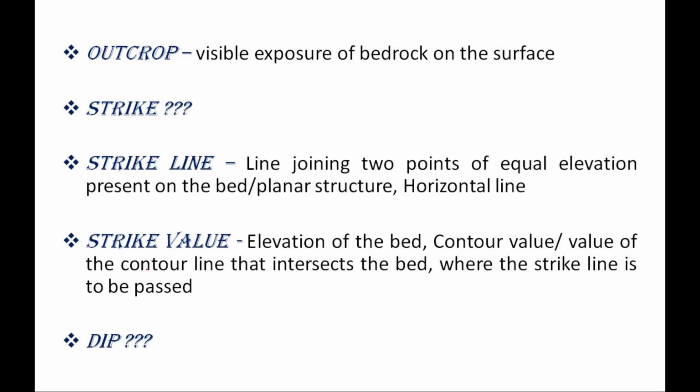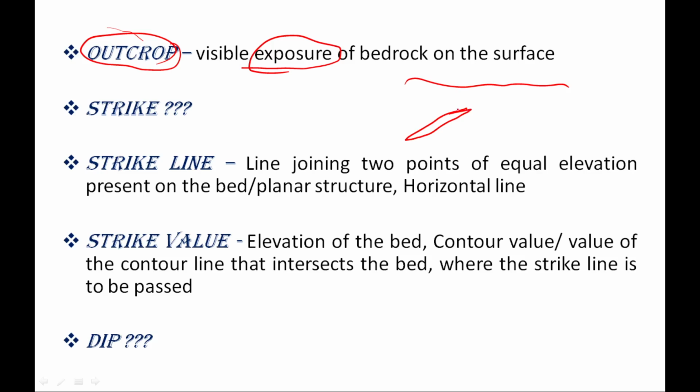Then let's go to another topic, outcrop. What is an outcrop? Outcrop means anything which is an exposure of something beneath the surface. Suppose this is the surface, and here there is a bed, or coal, or any intrusion like a dike, and you cannot see it at the surface.